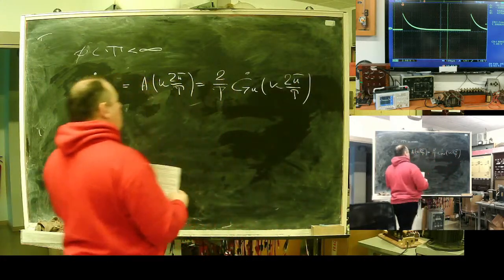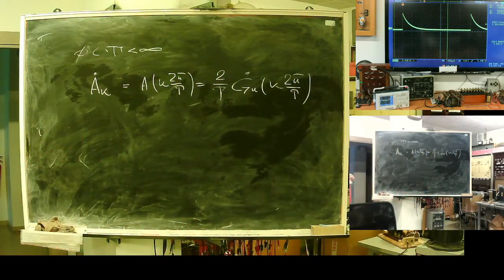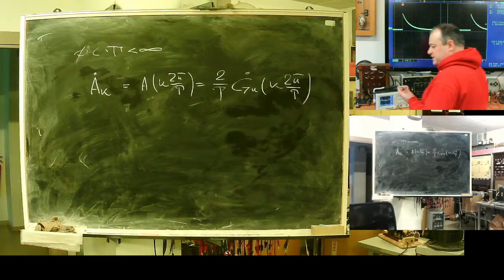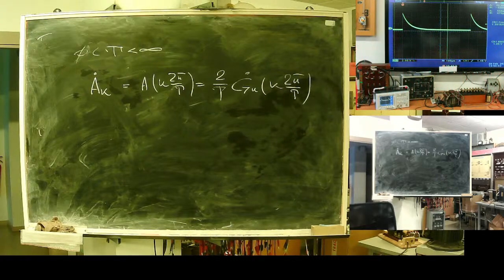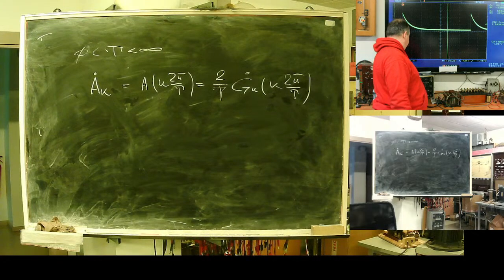This is an important moment. In the classical Fourier row, these coefficients can be obtained as values of the spectral function at a particular frequency.